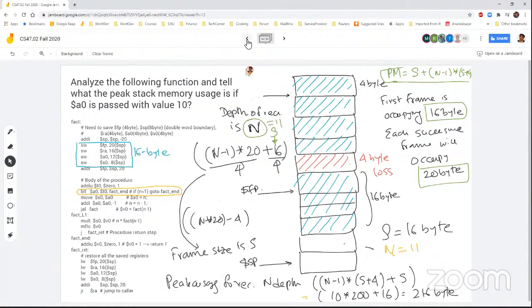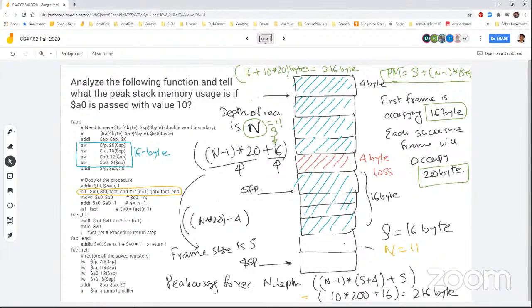It is 16 plus 10 multiplied by 20 bytes, which equals 260 bytes. So that's how we calculate the frame size and those things.